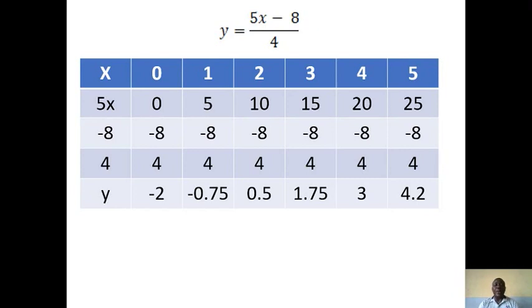The first item in the formula is 5x, so we use 5 to multiply the corresponding value of x, which gives 0, 5, 10, 15, 20, 25. The next item in the formula is minus 8, so all the entries in that row are minus 8. The next item we need to look at is 4.